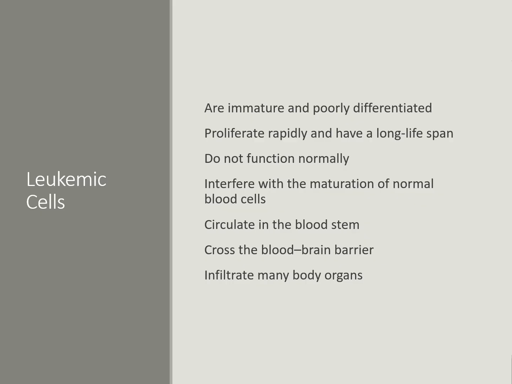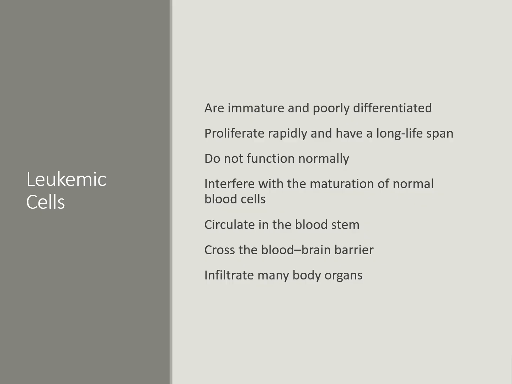They proliferate much more rapidly than normal white blood cells, and they have a much longer lifespan. Again, the regulation of how often we should produce them and how soon they should die seems to be completely interrupted. They're growing really rapidly, and the older cells are not dying off as readily, so you have massively increased production of those cells.